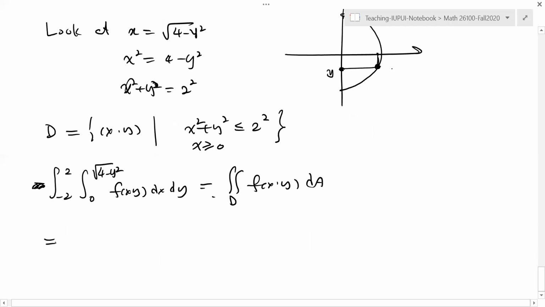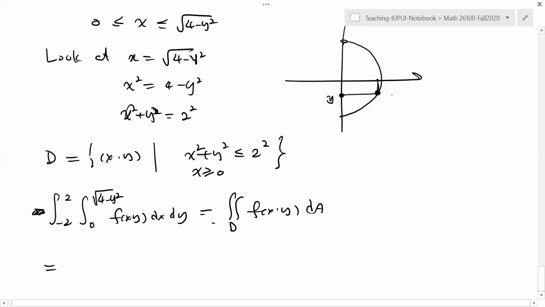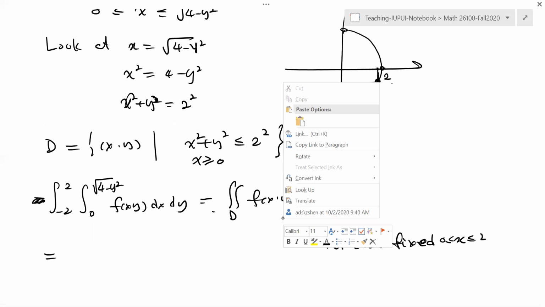To switch the order, I need to fix x, where the maximum value for x is 2. So for each fixed value x between 0 and 2, what are the possible values for y?